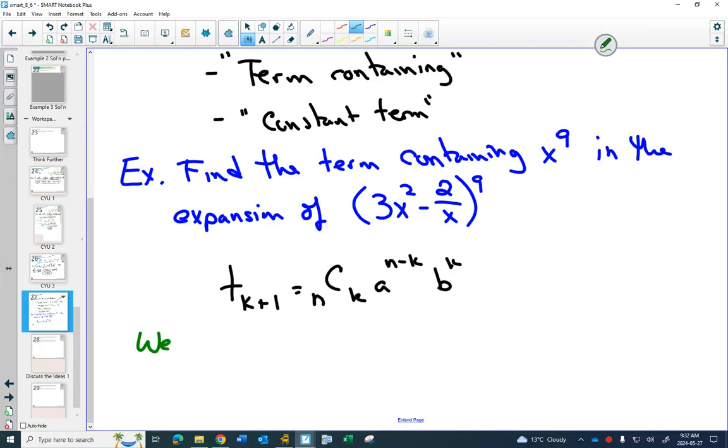But we don't know what k is, because we don't know which term has an x to the 9. So we're going to have to solve for k. And the only hint that we have is the exponent. So we're going to use the formula. We're going to start off by plugging in what we do know.